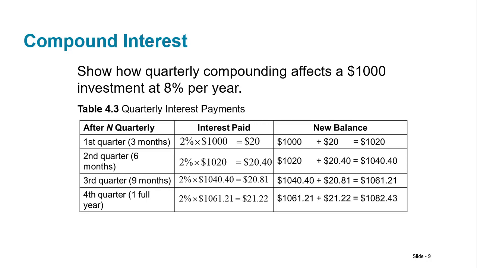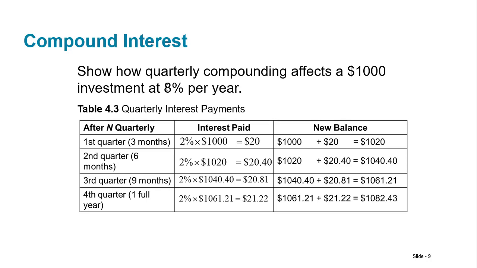We can see how that works. Quarterly compounding just means instead of compounding once per year, you do it 4 times, 4 quarters, right? So every 3 months. Now, when you have an annual percentage rate and you're going to compound it for anything other than annually, that percentage rate gets cut up by how many compounds you do.